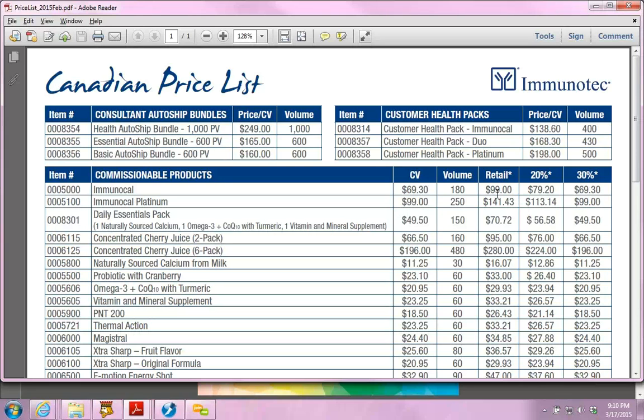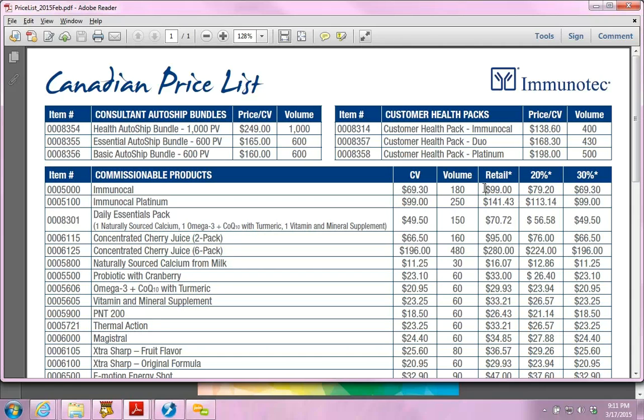So what you do, you set them up with a one-time order of one box of Immunocal at the retail price of $99, and you place that order with customer service or online, however you want to do it. So they're going to pay $99 plus their $9.95 of shipping, plus their HST. So their $99 retail box of Immunocal is going to cost them, what? That's maybe $120.